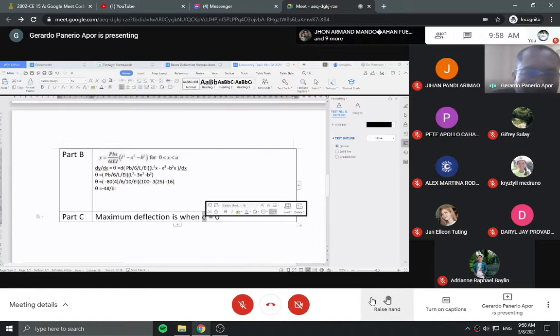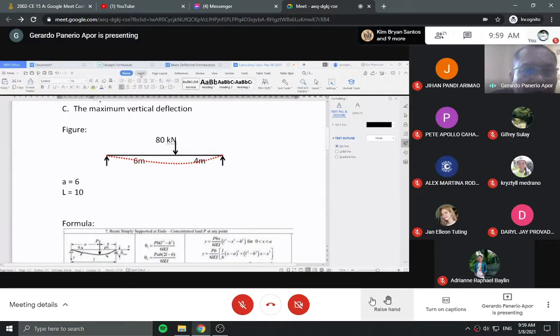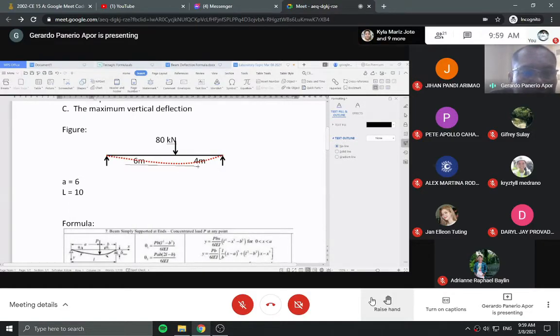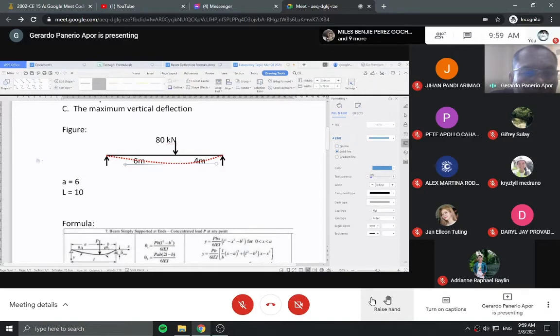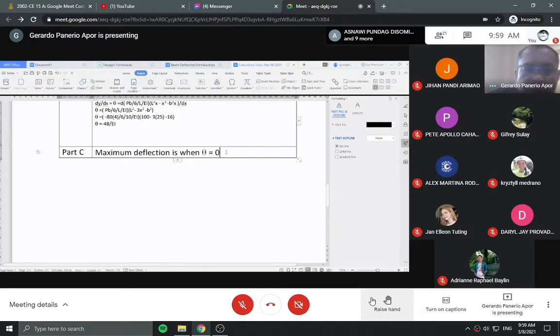If you are going to find the point where the tangent line is horizontal, that particular point is where the maximum deflection occurs. At other points, the slope of the tangent line is not zero, so it only happens when theta is equal to 0.